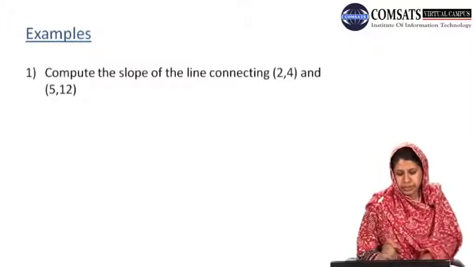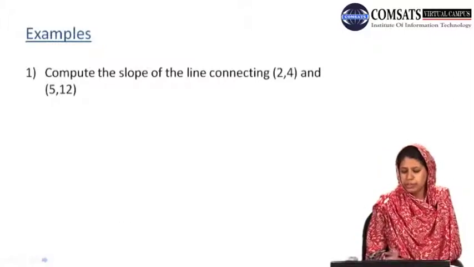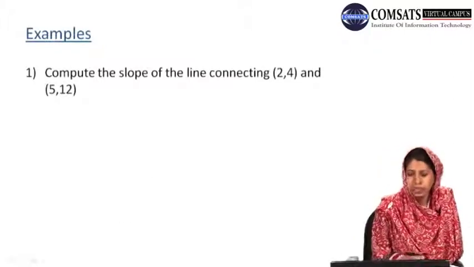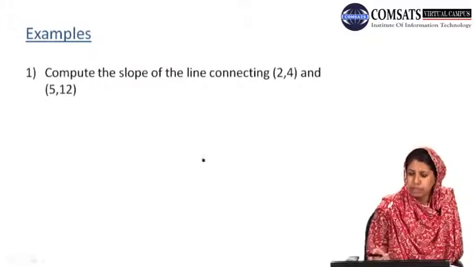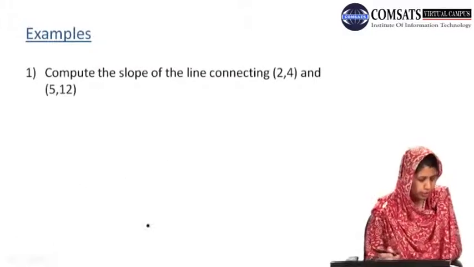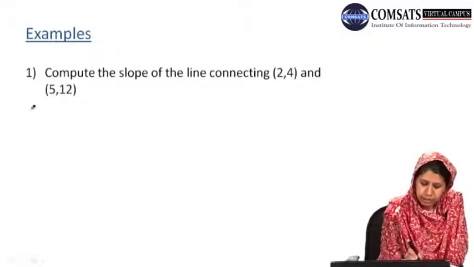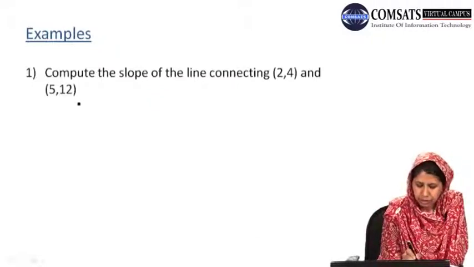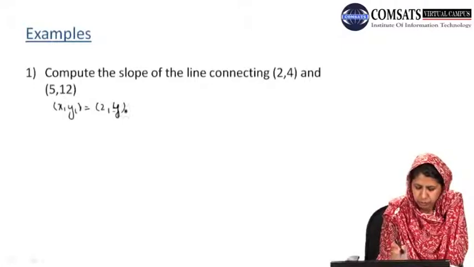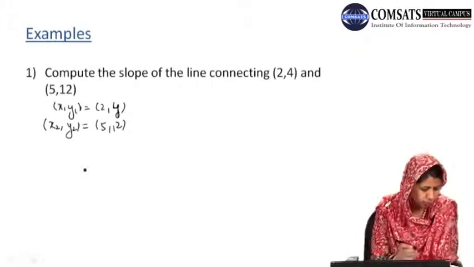Now let's do some examples. We are given two points, 2, 4 and 5, 12, and we have to find the slope of the line connecting the points 2, 4 and 5, 12. Here we have our x1, y1 equal to 2, 4, and our x2, y2 is 5, 12.